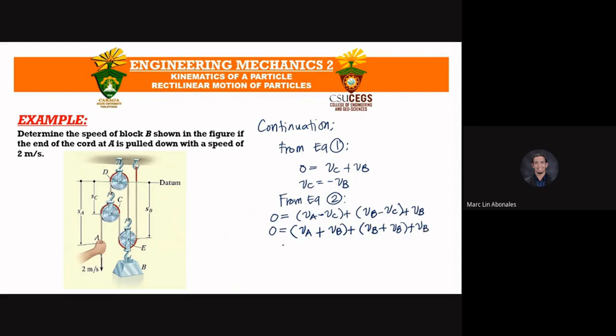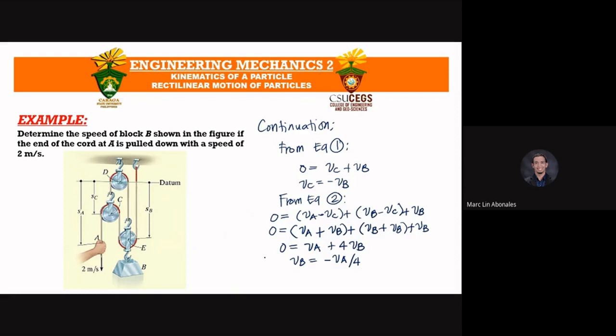So we combine the like terms or the same variables, which we have 4 VBs, so that would be VA plus 4 VB. And for us to determine the velocity of block B, that would be negative VA over 4.